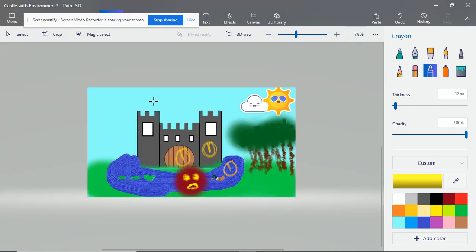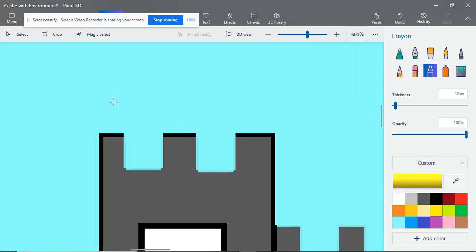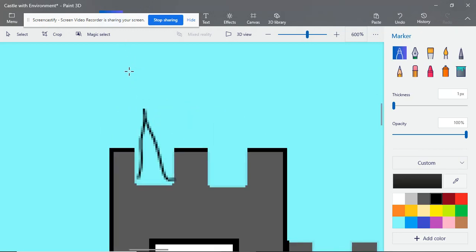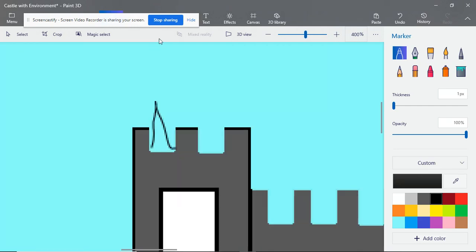Well, this castle has an alarm system. So that alarm system looks kind of like this. Okay. So I've got this guy who is just ready to see anything.